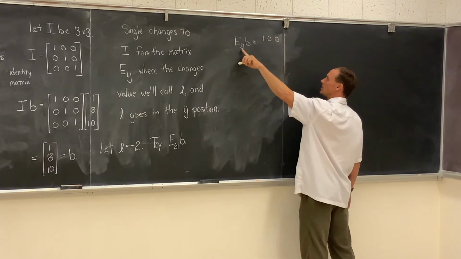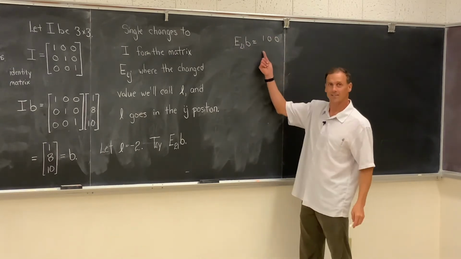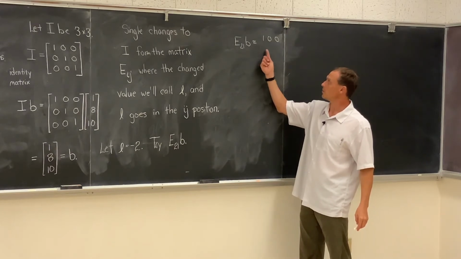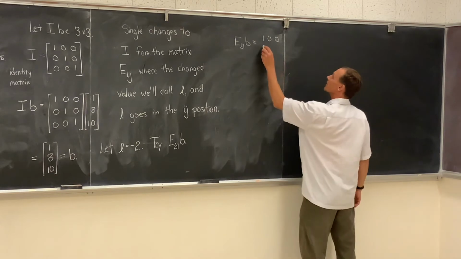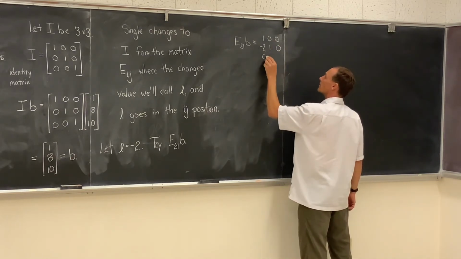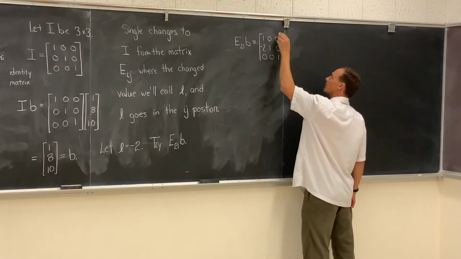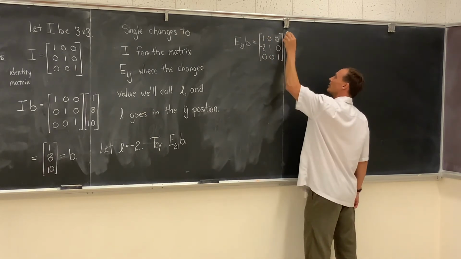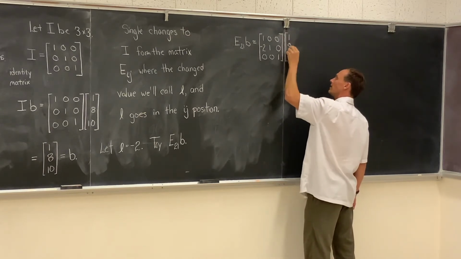Now we're changing the row 2, column 1 position. That's this next line. Row 2, column 1 will be right there, and we're going to call it -2. Then -2, 1, 0, 0, 0, 1. And then we're going to multiply that by B: 1, 8, 10.